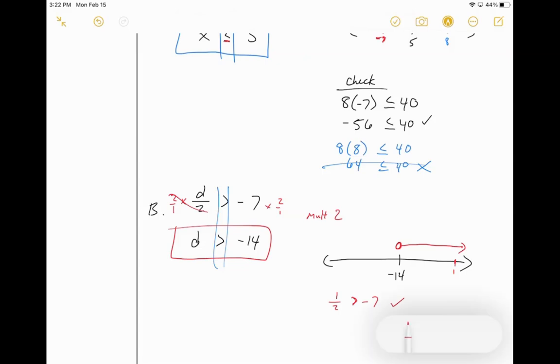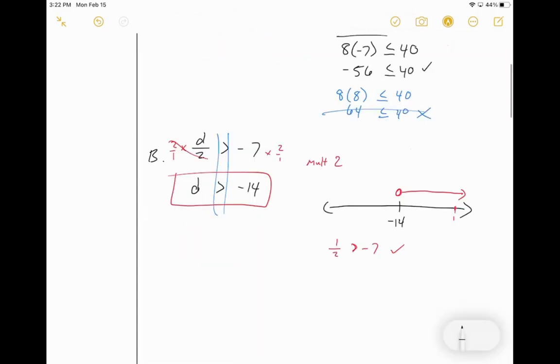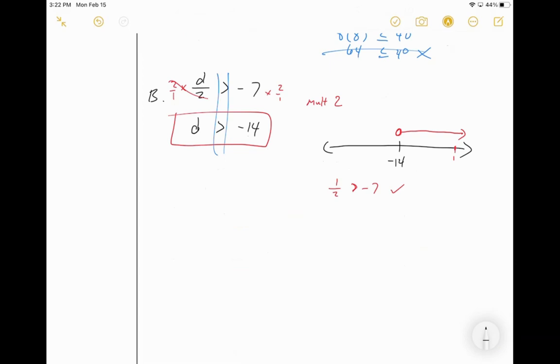Now, the one thing that makes things different is this: when you multiply or divide by a negative number, something happens. You need to flip the inequality.